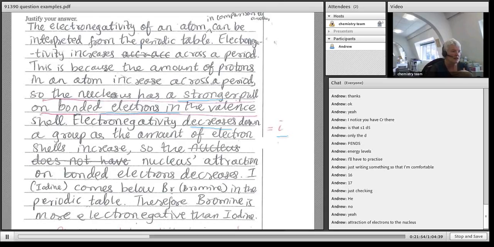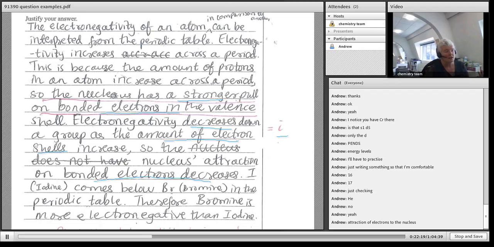And so they have talked about the energy levels. They call them shells, but that's fine. And so what they needed to have also spelt out perhaps is more of the distance. They haven't said as the number of energy levels increase, you're going to get a greater and greater distance between the nucleus and the bonding electrons.